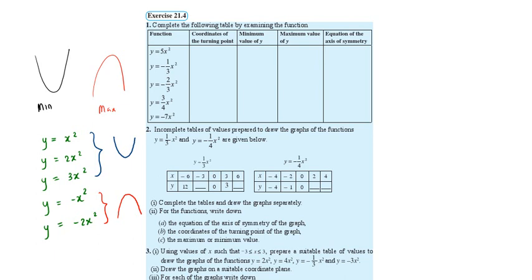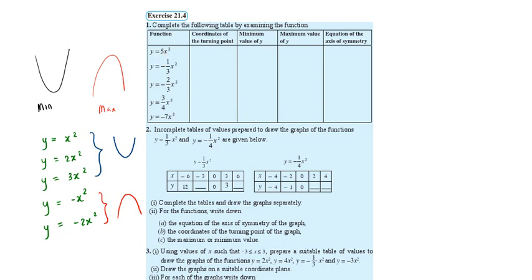Okay, so I think we can fill this table quite easily now. When you look at y equals 5x square, children, looking at this function, we are not going to draw it. We are not going to make a table. I want you to fill these values for me. So when you take y equals 5x square, is it a minimum or a maximum, children? Can you all say the answer to yourself so that you can check whether you are correct?